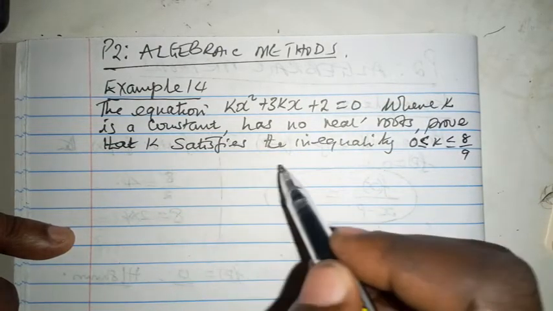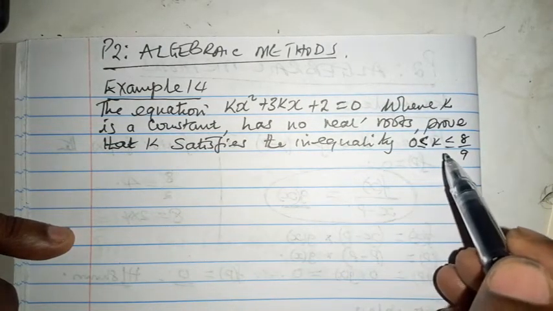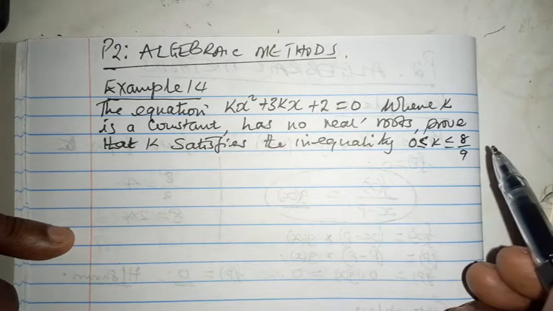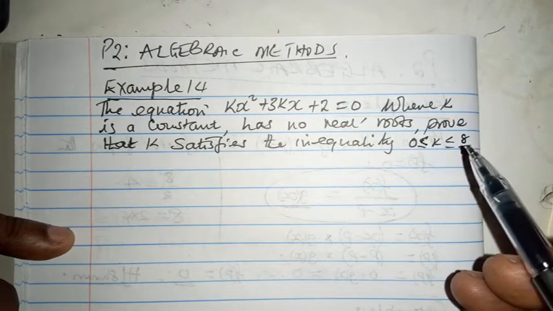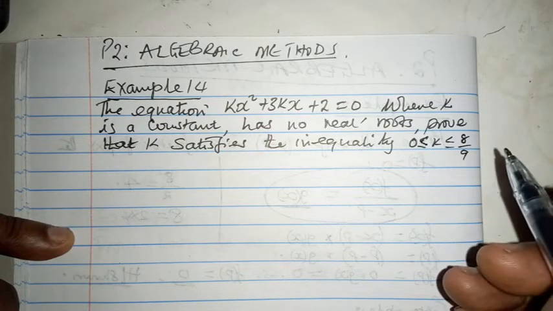Prove that k satisfies the inequality from 0 to 8 over 9, both limits inclusive.